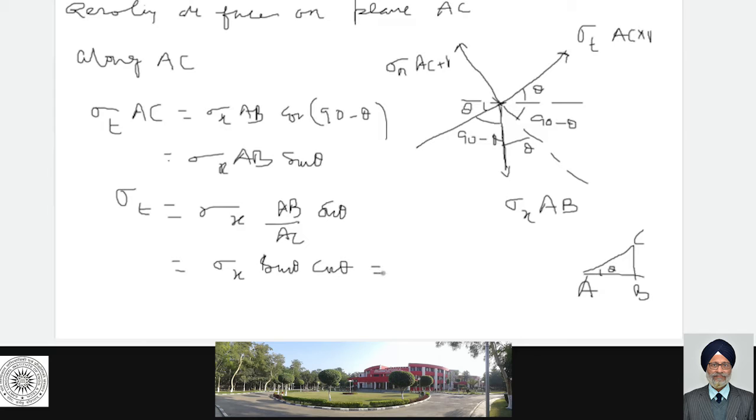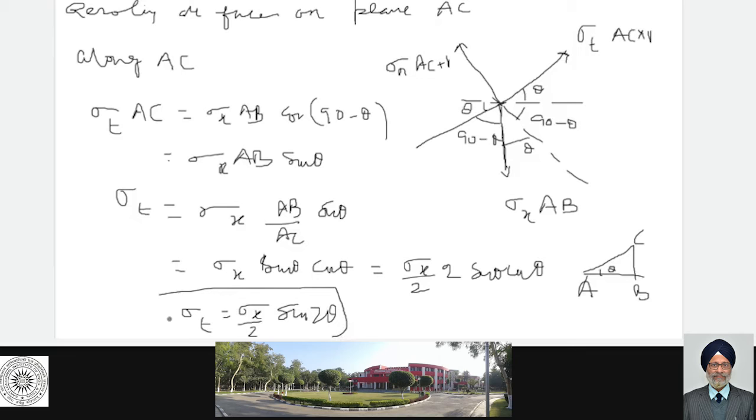And this you can write as sigma x upon 2 into 2 sine theta cos theta. So the tangential component will be equal to 2 sine theta cos theta is sine 2 theta. So it is sigma x upon 2 sine 2 theta. So this is how we can calculate the tangential component.